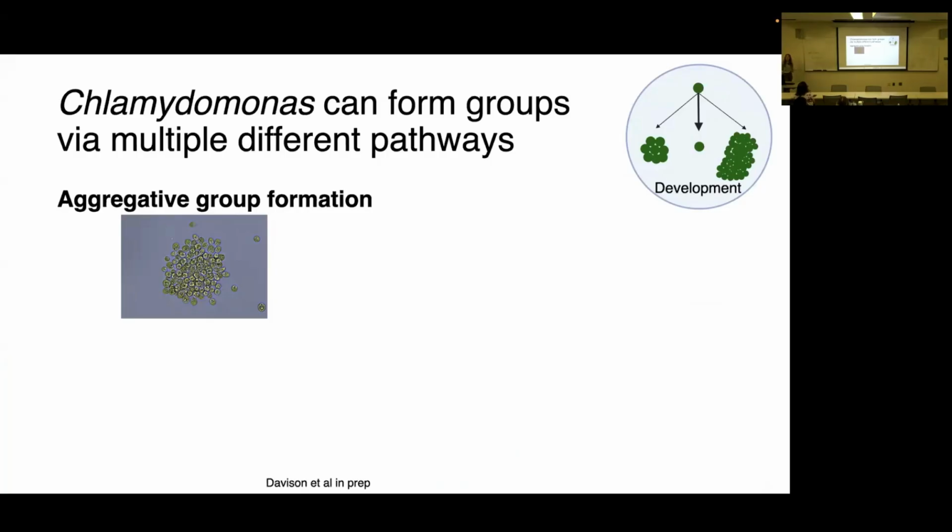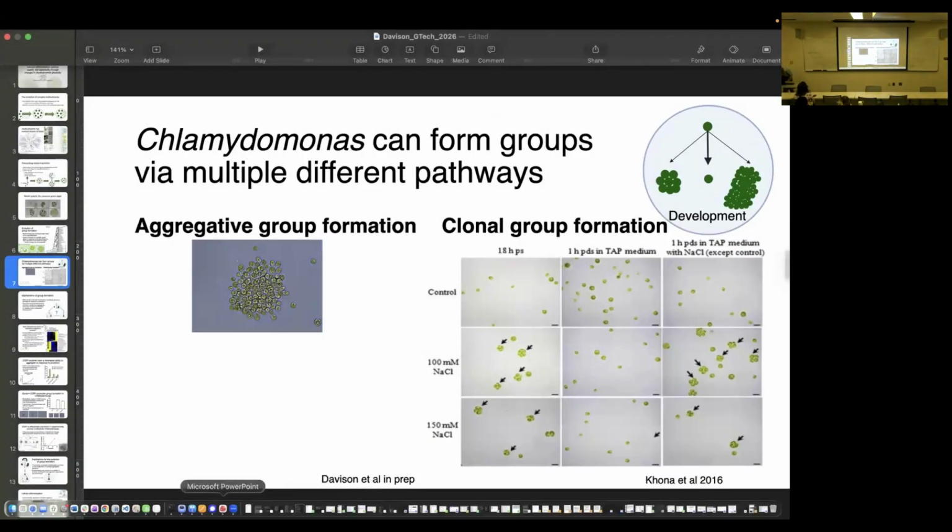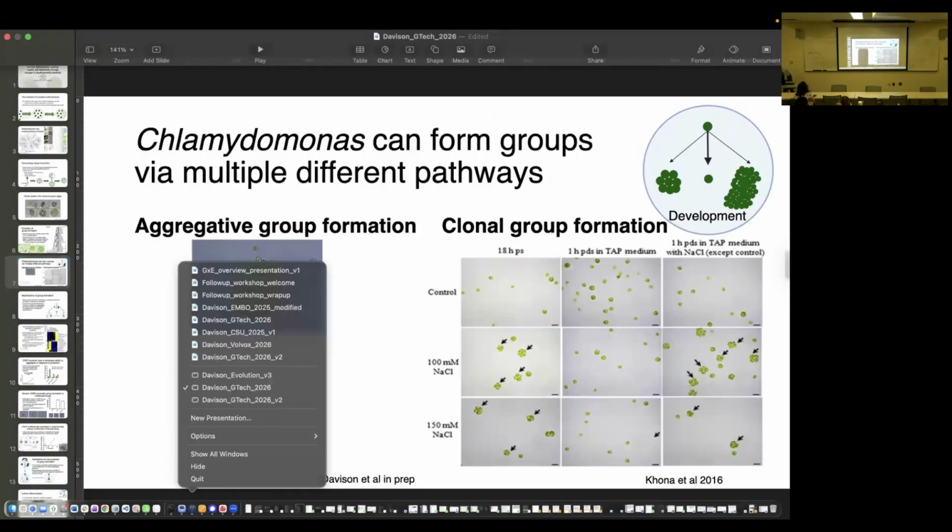And they can form these groups in different ways. So Chlamydomonas will form these large aggregative clusters like you see here in response to the presence of predators.